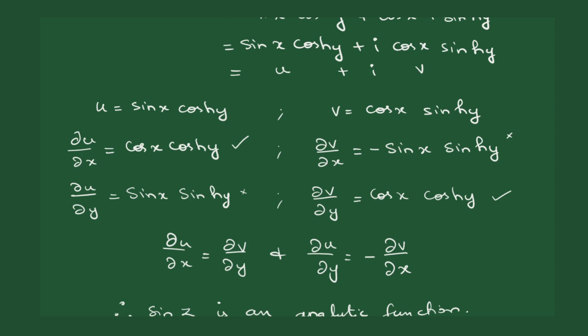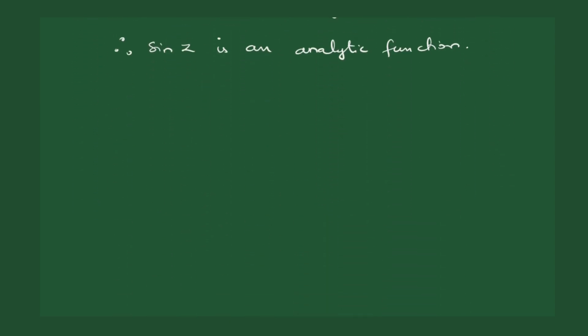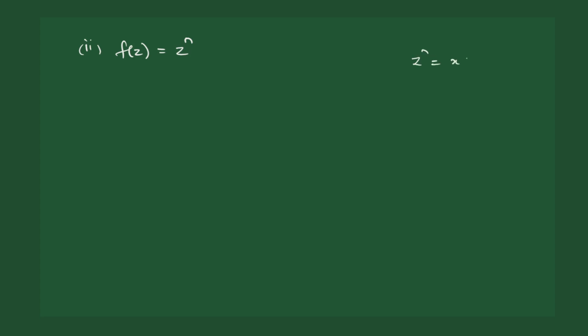Right? So next we have to move on to the second question. What is the second question? Here we have considered f of z is equal to z bar to the power n. If we notice z bar to the power n, as usual we can't write z bar to the power n as x plus iy whole power n.